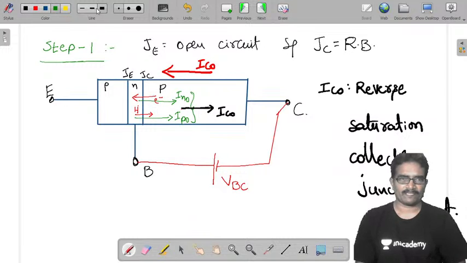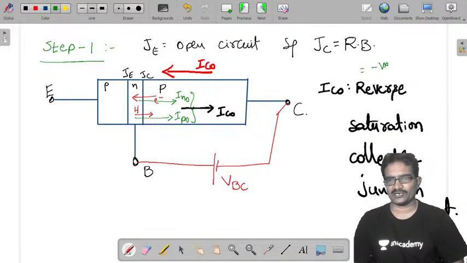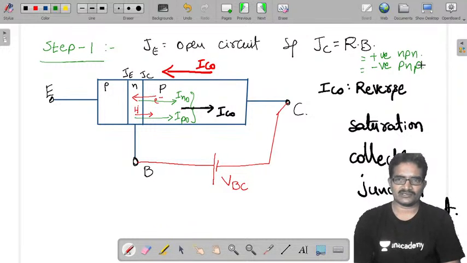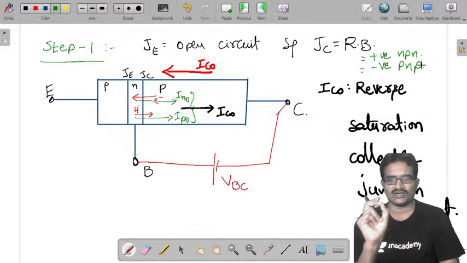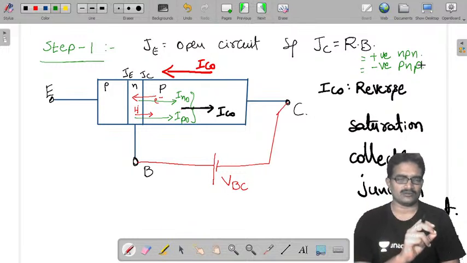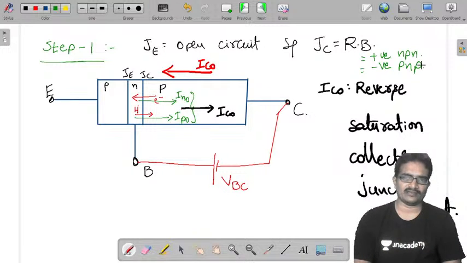Because of that, we take Ic naught as negative for a PNP transistor and positive for an NPN transistor. Anyway, from the result of step 1, we observed Ic naught is flowing from collector to base.